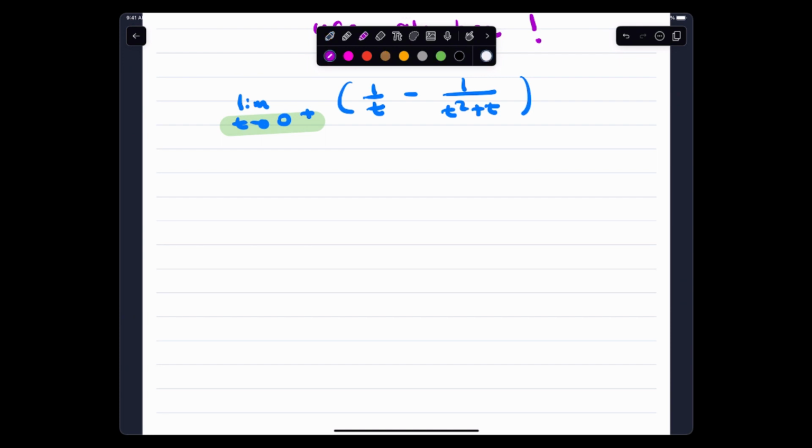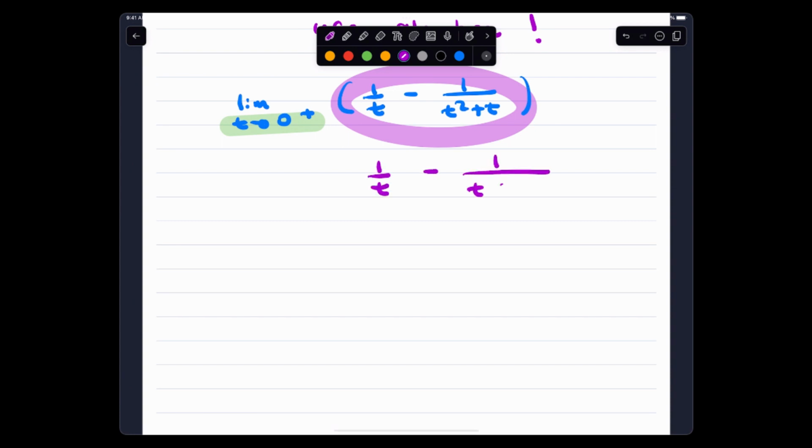So here's the algebra. Okay, you may not notice this, but this is 1 over t minus 1 over t plus 1. It's going back to subtracting rationals.